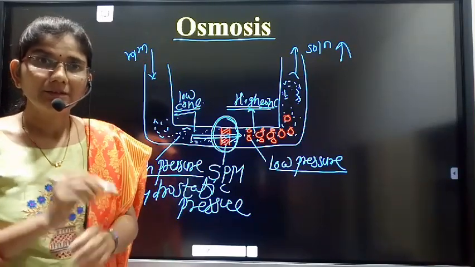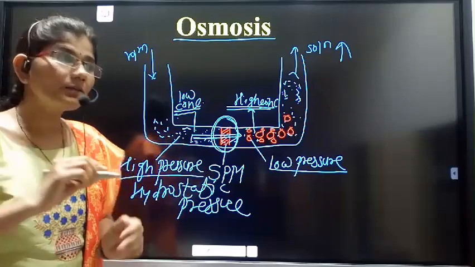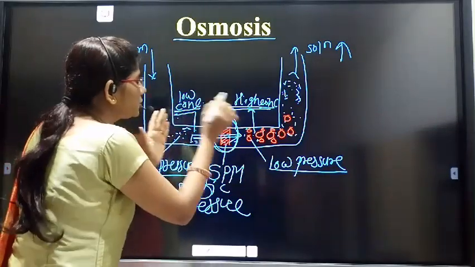But we don't want the solvent molecules to flow from this region to this region.